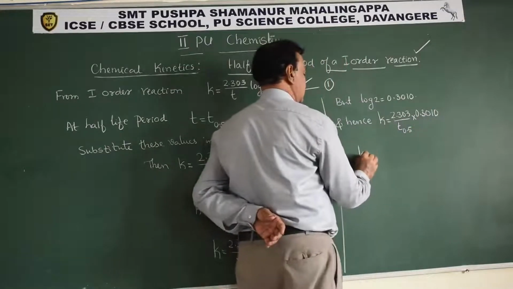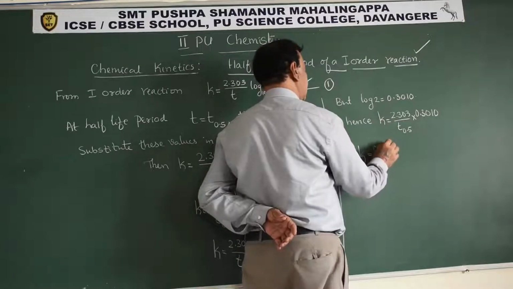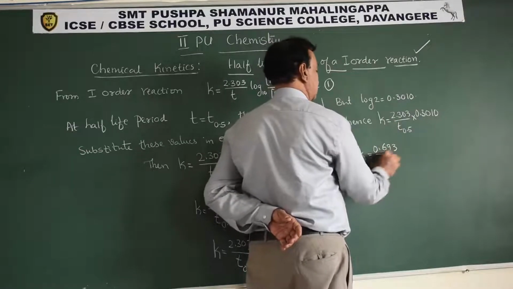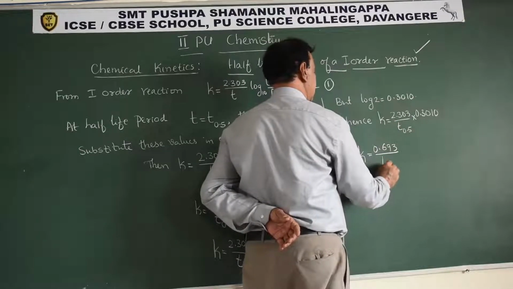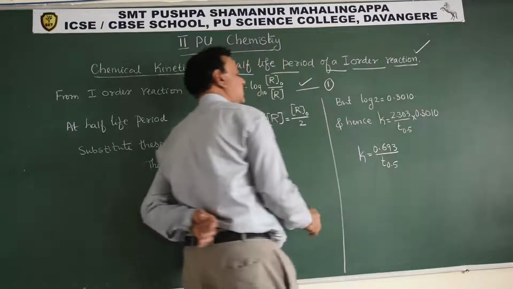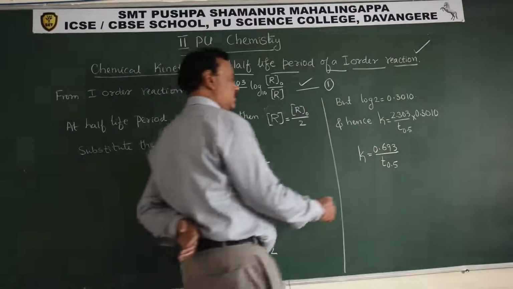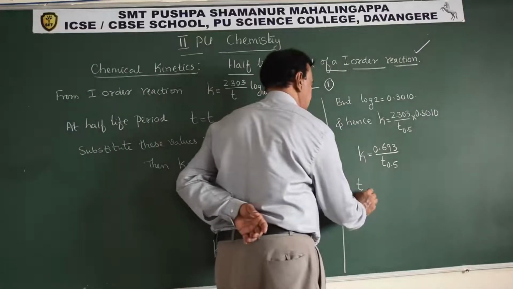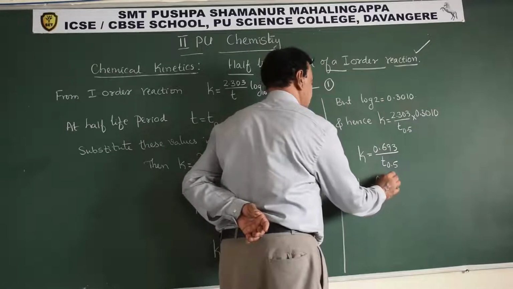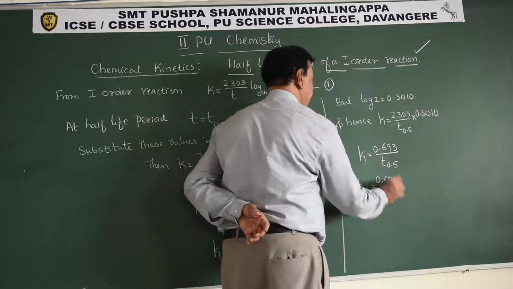Therefore, K is equal to 0.693 divided by T 0.5. Therefore T half, or T 0.5, is equal to 0.693 divided by K.